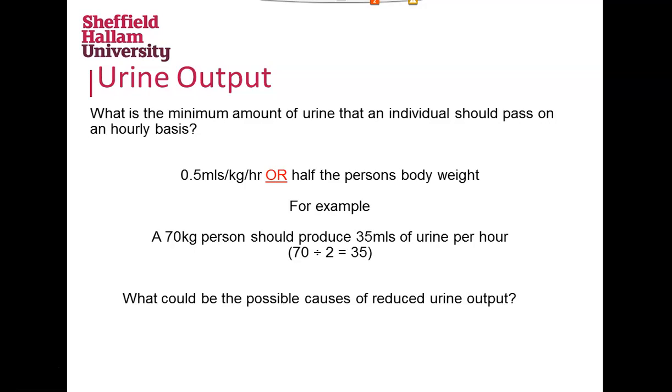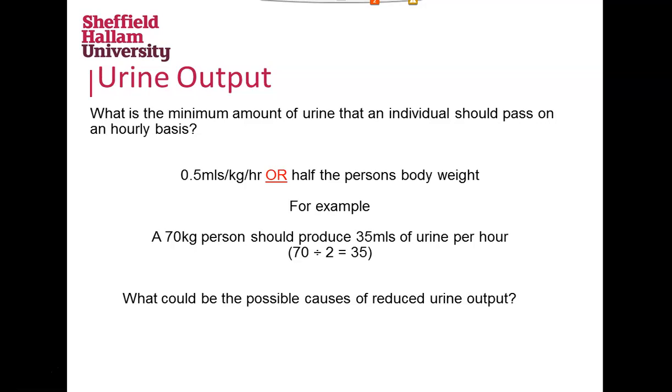In health, we would usually produce at least 1 ml of urine, so twice as much. But in ill health, the minimum amount of urine we're going to accept is 0.5 ml per kilogram per hour, or half your body weight, as it says on the slide. So, for example, an 80 kilogram person should produce 40 mils of urine. 70 kilogram person, as it said there, would expect to produce 35 mils.